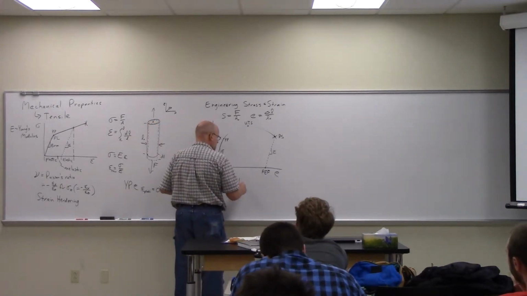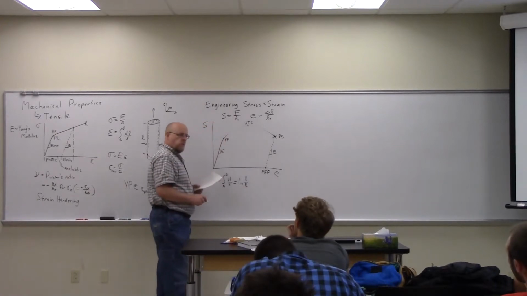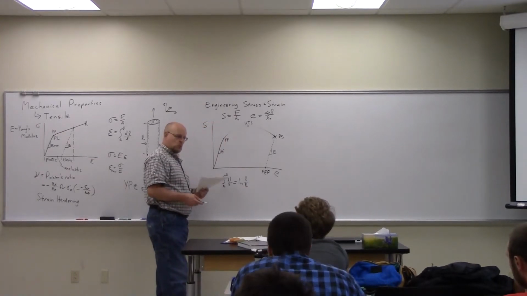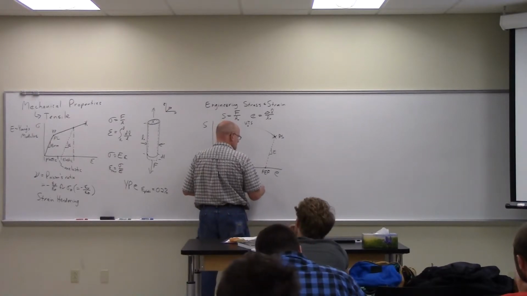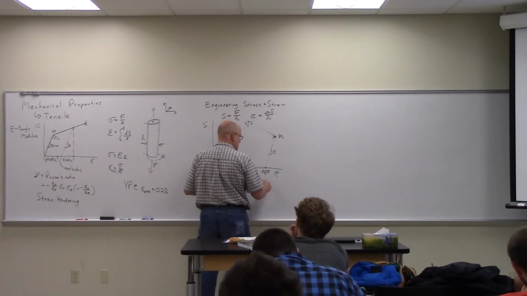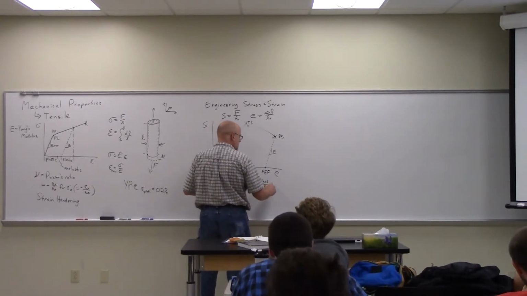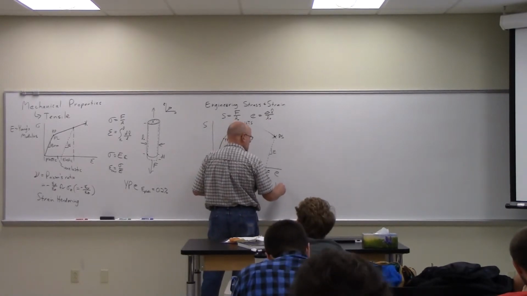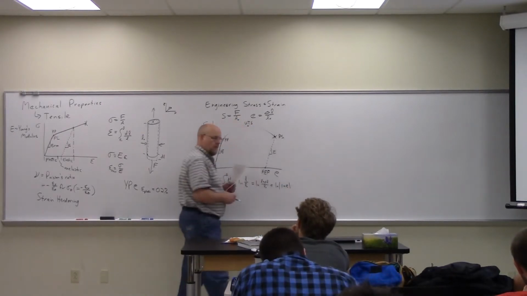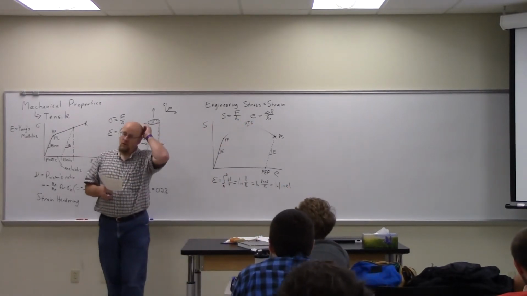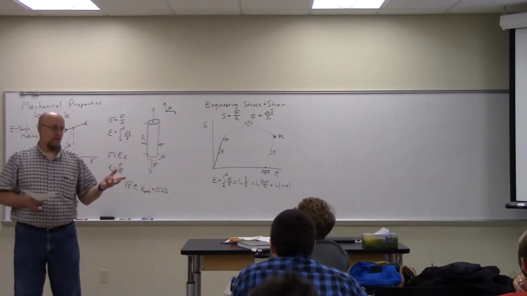That becomes the natural log of L over L naught, which is the natural log of L naught plus delta L over L naught, which is equal to the natural log of 1 plus the engineering strain. So the engineering strain and the true strain are correlated.